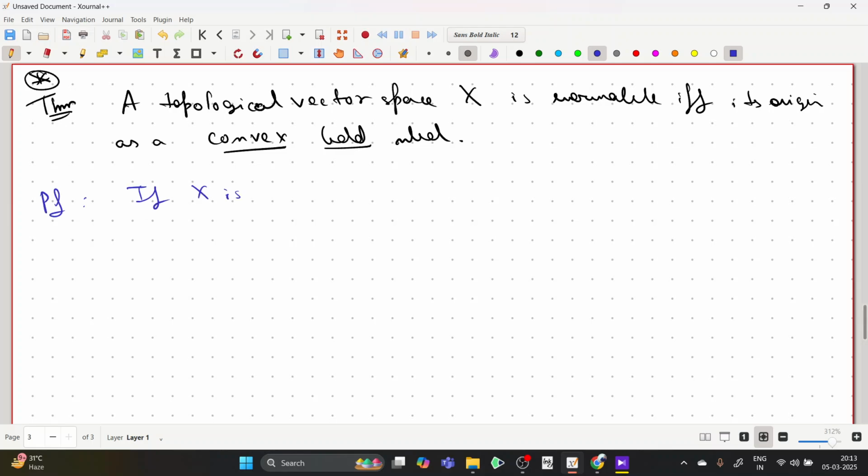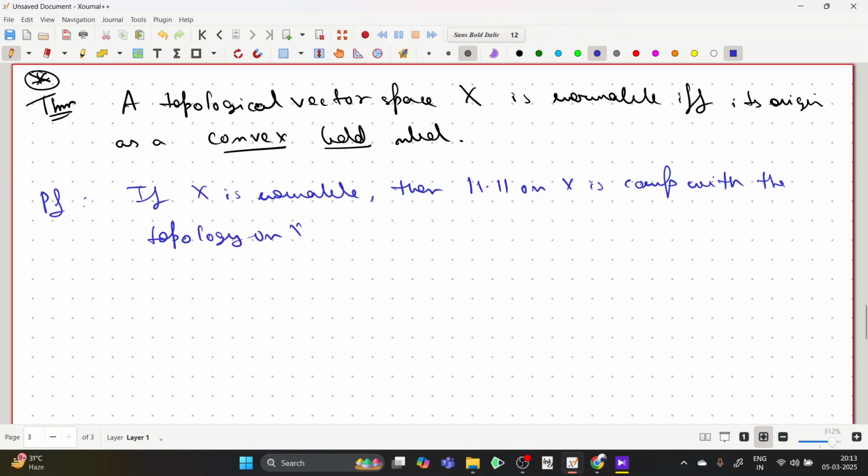One part of the proof is quite trivial: if X is normable, then we can just work with the norm, right? Then the norm on X is compatible with the topology on X, say tau, and this implies that the collection of x in X such that its norm is less than 1 is the required neighborhood.